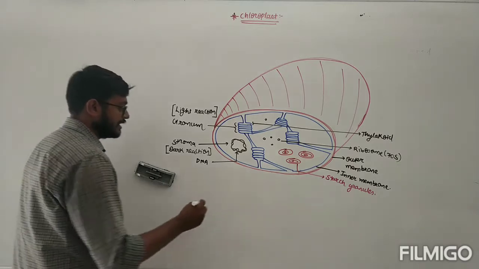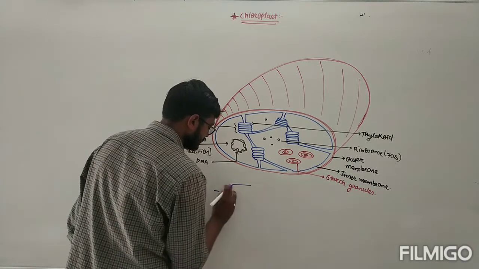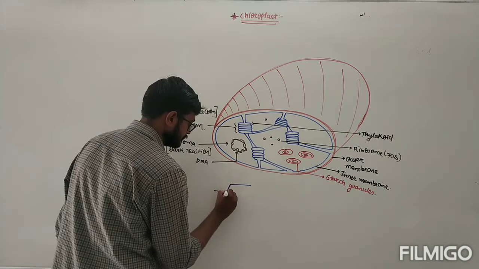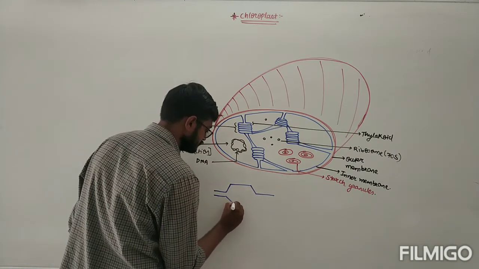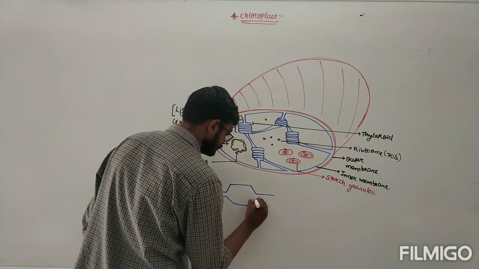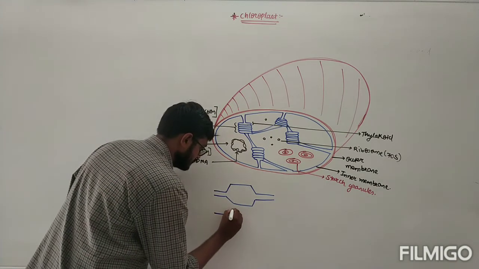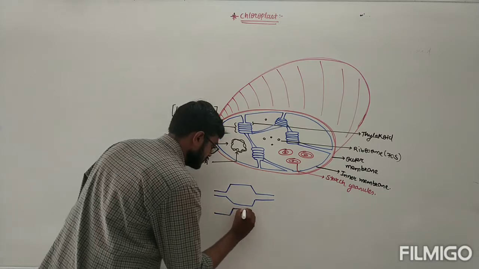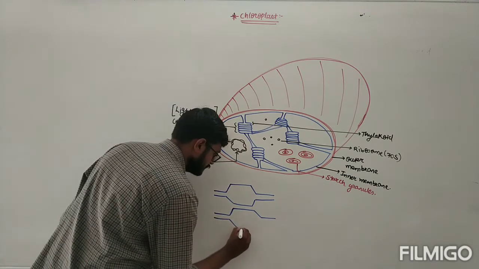When you take out the thylakoid, you can see it has a structure like this. They have these kinds of structures. So this is the structure of the thylakoid.